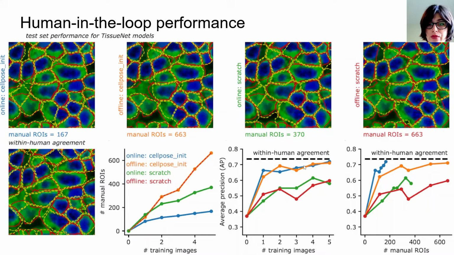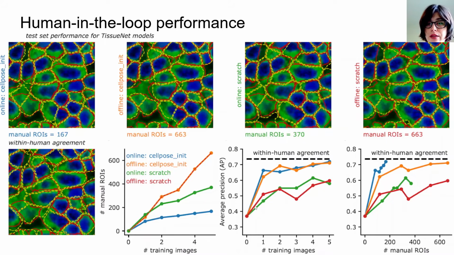The online and offline curves are the blue and the orange curves here respectively, and the accuracy is very similar. It gets up to basically the maximum performance, which is within human agreement, where the user segmented the same image twice and compared how similar the segmentations were between those 2 segmentations.